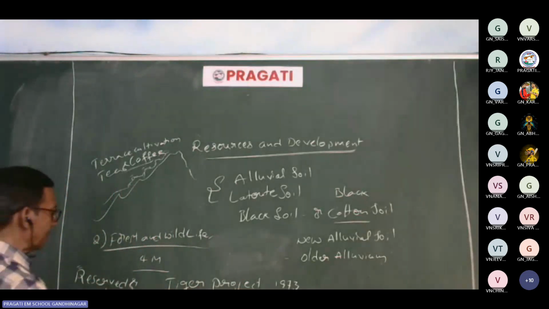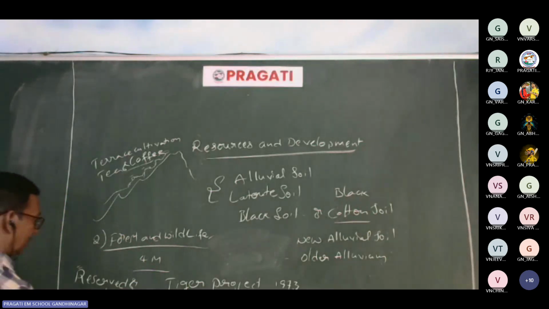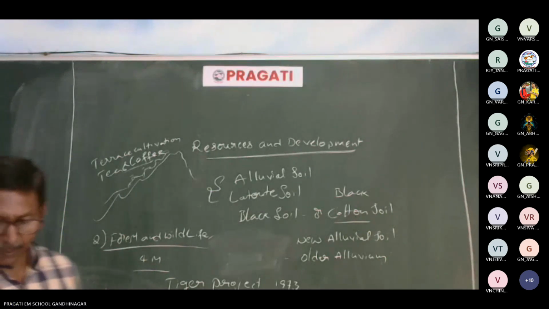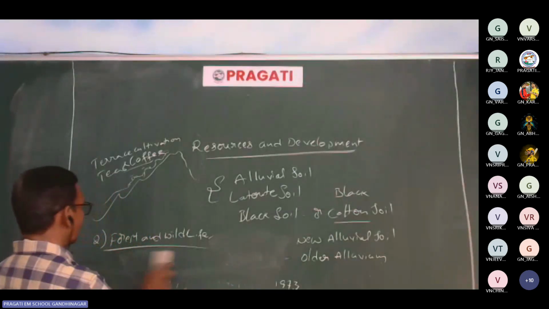Okay. Tiger project. Yes, you have to write properly. Chipko movement, wherever it took place. Next, what are called reserved forest, protected forest, and so on, unclassified forest, and so on.